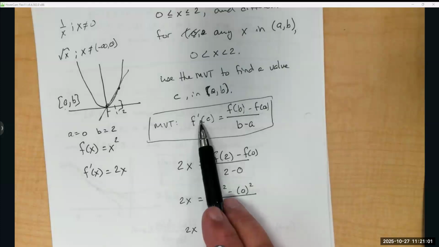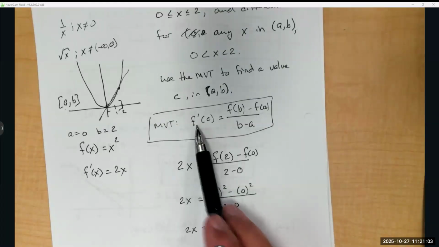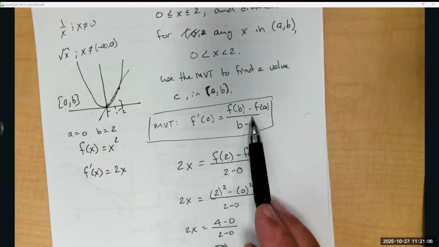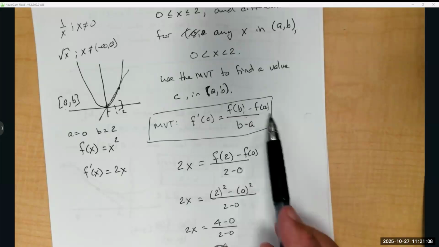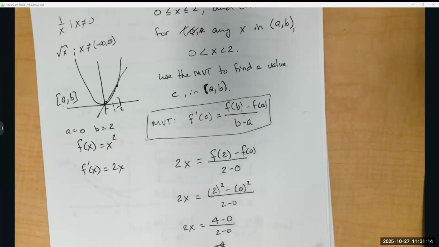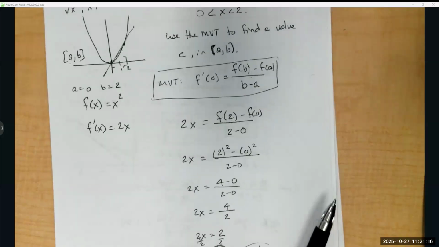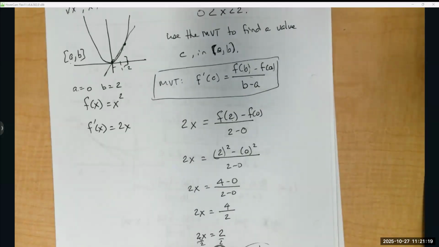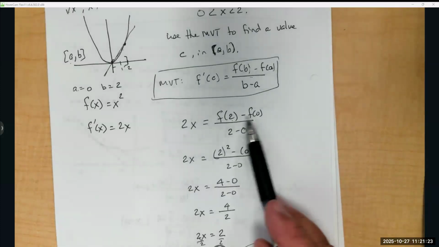That the slope of the derivative, the instantaneous rate of change, equals the slope of the secant line. What is the slope of the secant line? This is the secant, this is the slope, right?